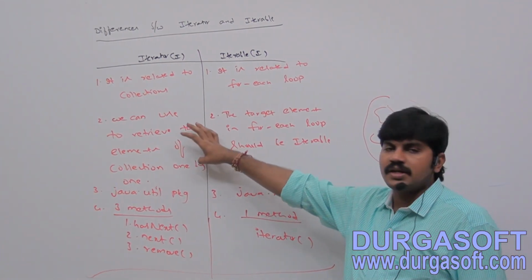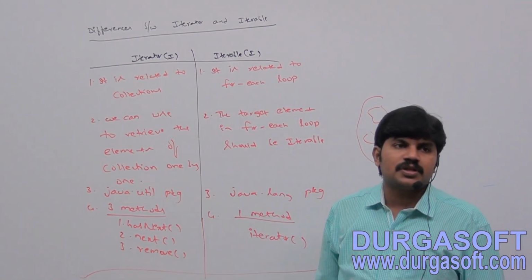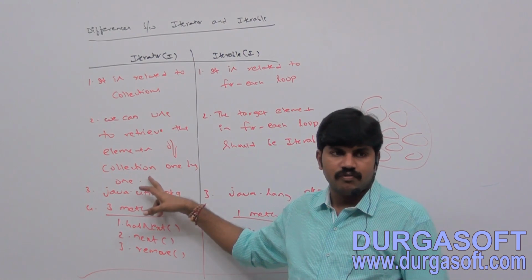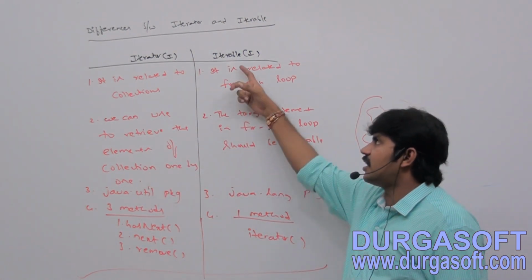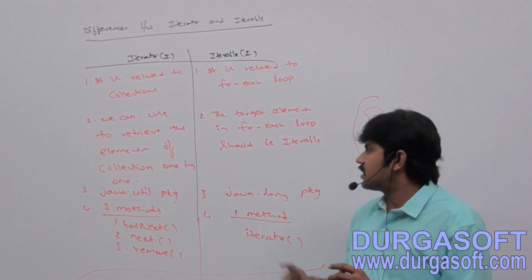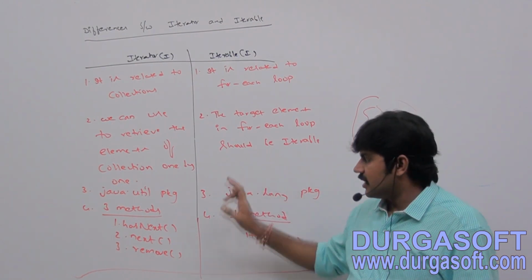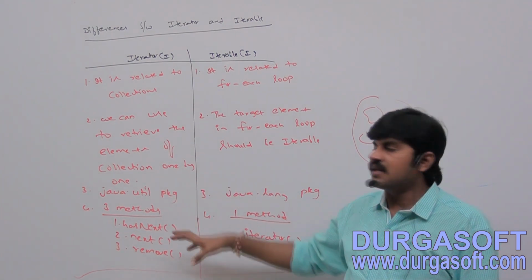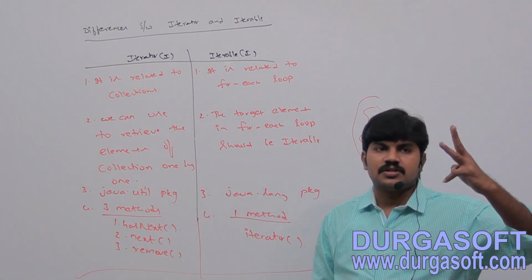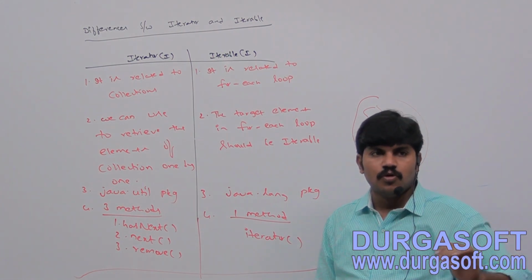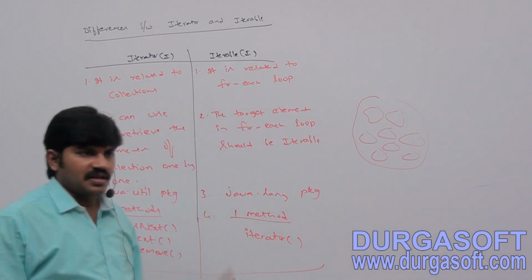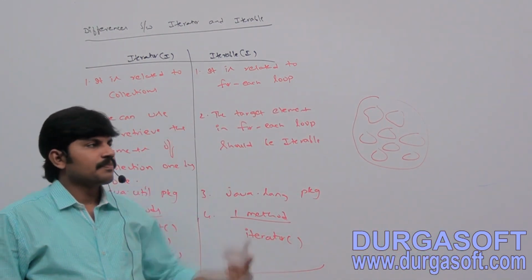We use iterator to retrieve elements of a collection one by one, but the target element in a for each loop should be an iterable object. Iterator is present in java.util, iterable in java.lang. Iterator contains three methods, hasNext, next, and remove, but iterable contains only one method, iterator. Is it clear for all of you?